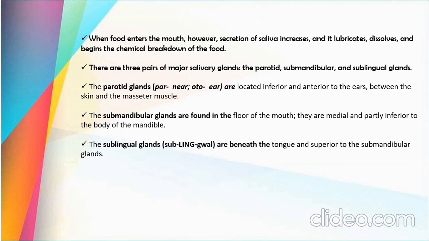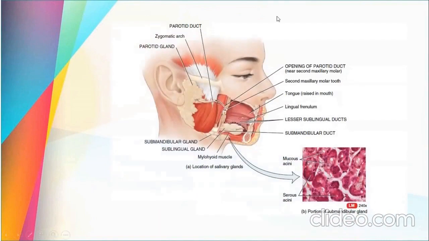It lies beneath the tongue and superior to the submandibular glands. It is the smallest of the salivary glands. Now see in this diagram, these are the parotid duct, the parotid gland, the submandibular gland, and the sublingual gland.